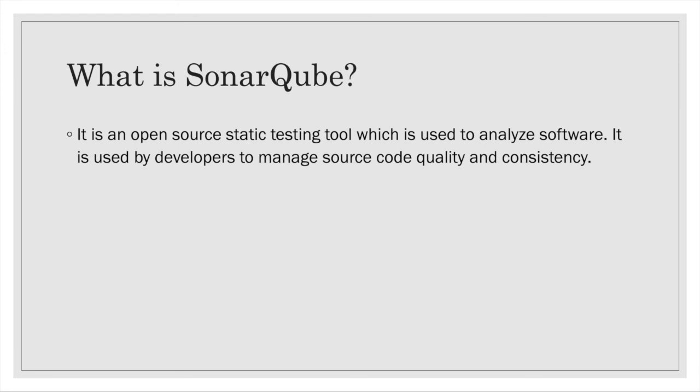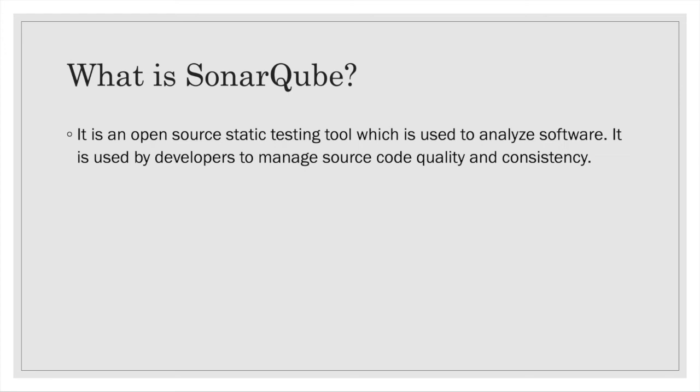So what is SonarQube? SonarQube is an open source static testing tool which is used to analyze software. It is used by developers to manage source code quality and consistency. For example, during static testing, the code is not running. The tool will be going through the code as the developer is developing the code.